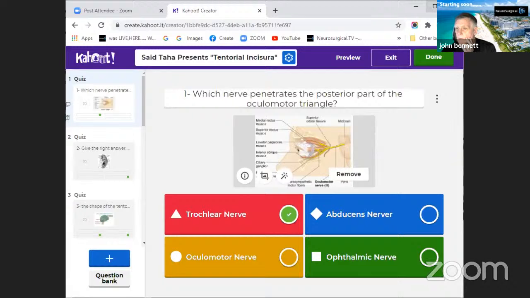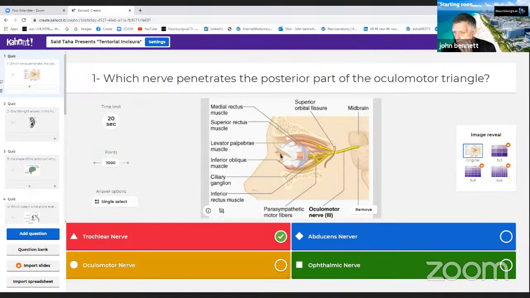The posterior part. Is that question right? Is it possible to change the question, the part that penetrates the posterolateral part? Yes, of course.